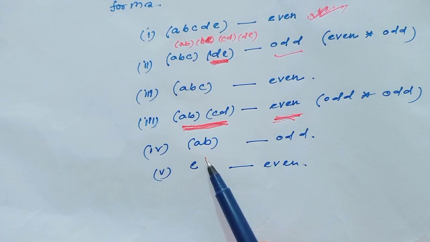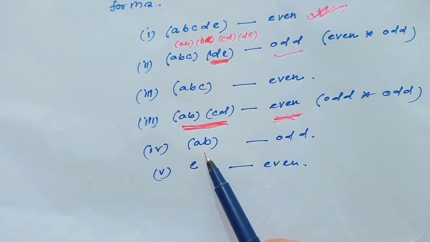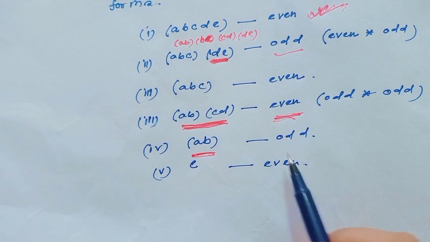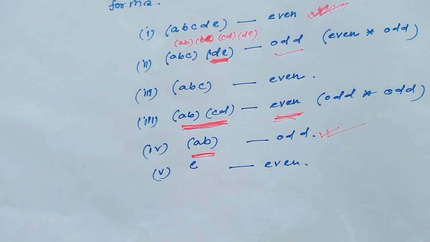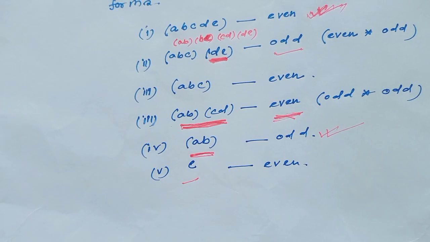And the other possibility, containing only 1 cycle (A B), where the number of transpositions is 1, so this type of cycle is odd, and the other is the identity, and the identity is always even.